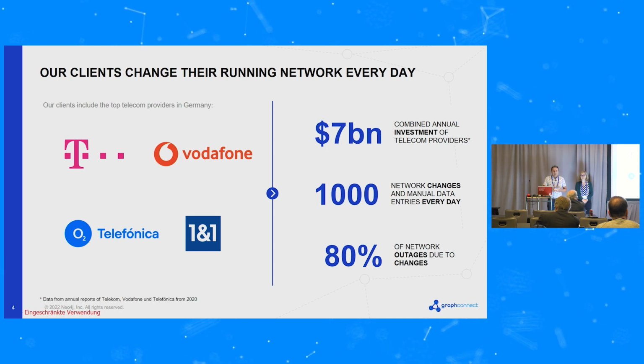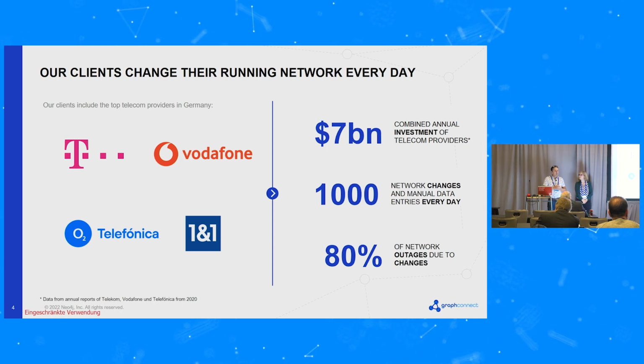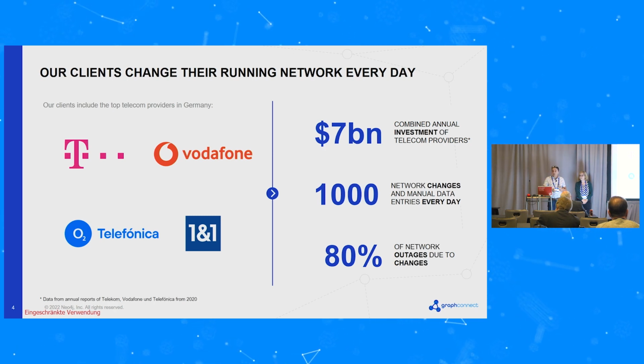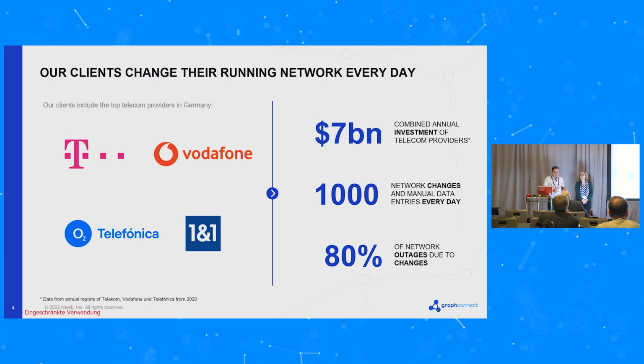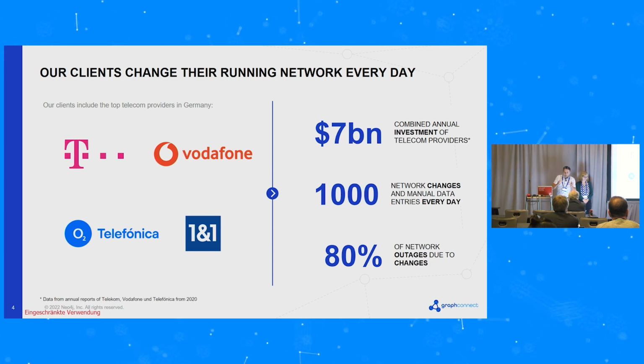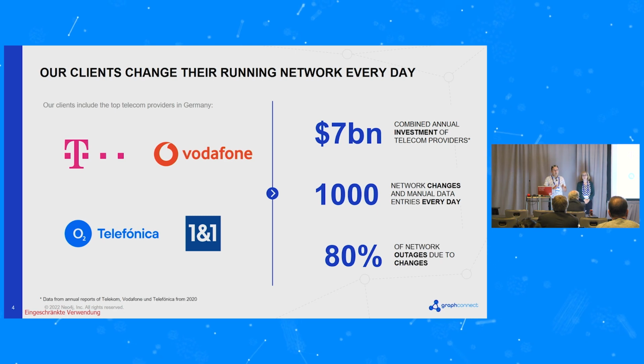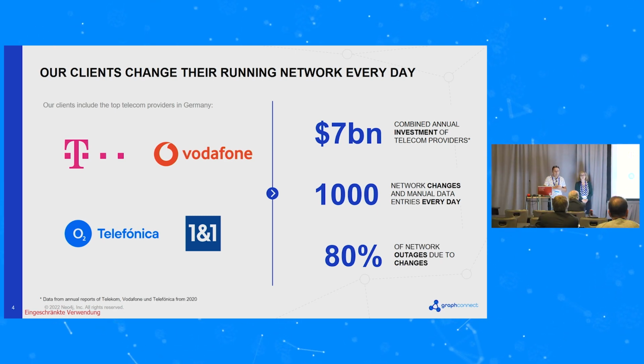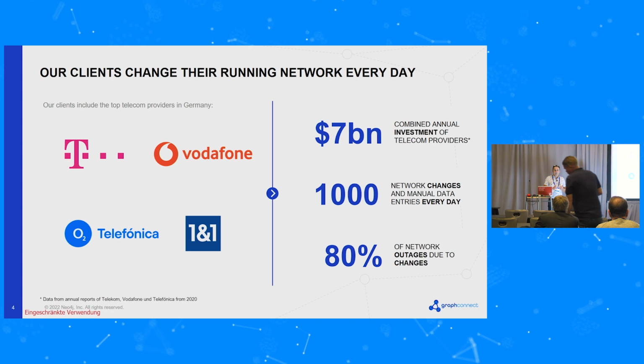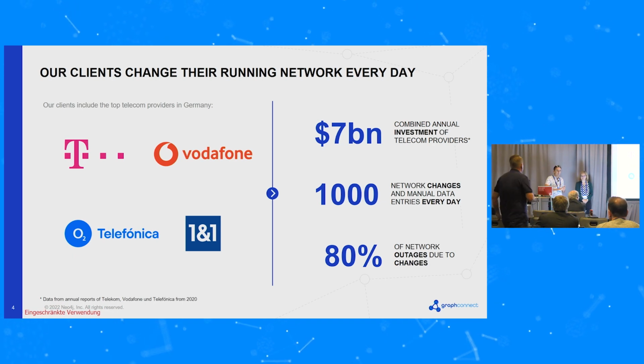This is all driven by huge CapEx investment into network evolution, 5G, fiber rollout and all this. Such a network is a very complex graph or network topology, consisting of different layers, and most of the issues we have on the network are caused by a previous change.